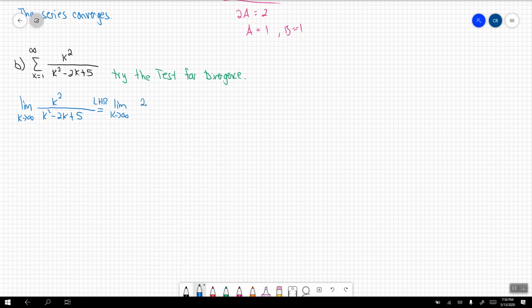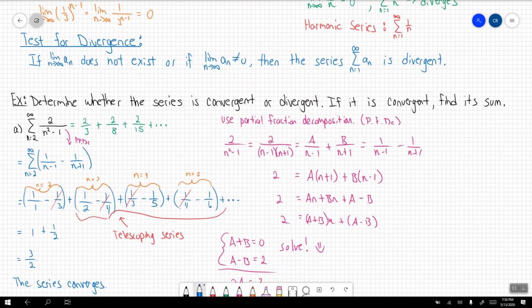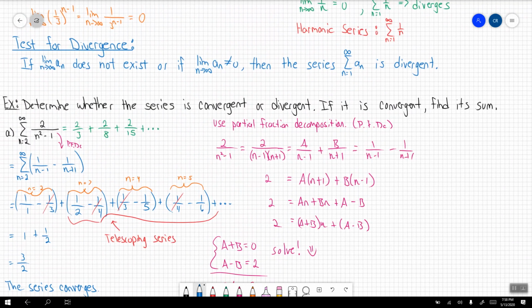So in here, that's going to be 2k divided by 2k minus 2. And again, I get infinity over infinity, so I'm going to use L'Hopital's rule again. Which is just 1.